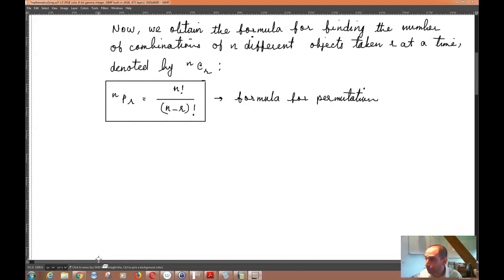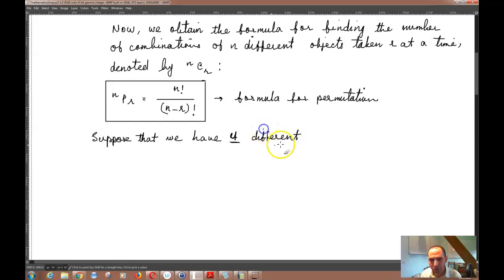Now suppose that we have 4 different objects, for example A, B, C, and D. I'm talking about different objects. We need to pay attention to that, of course, because it's important. 4 different objects, meaning that the results would be different, of course, if the objects were not different.